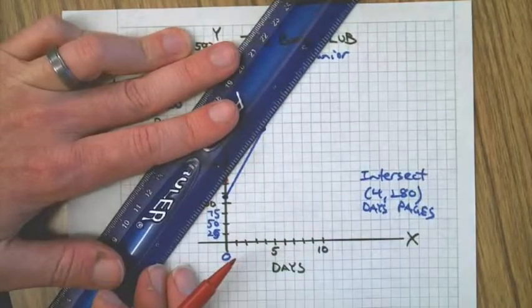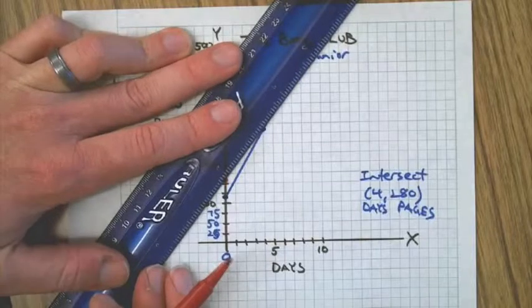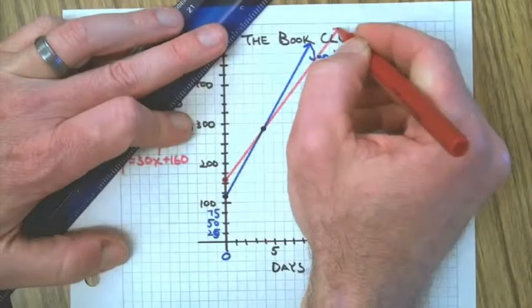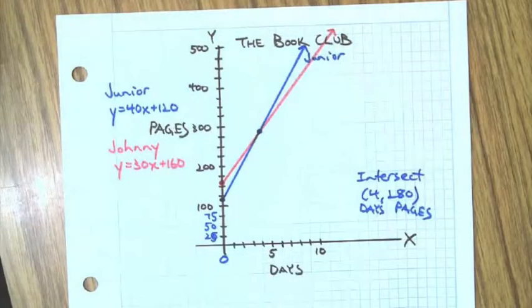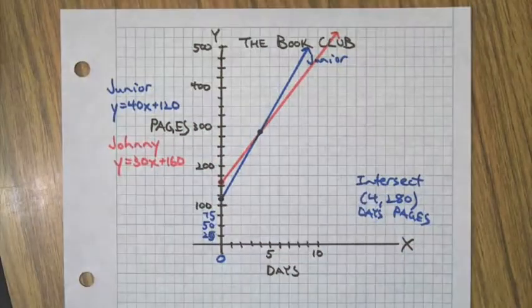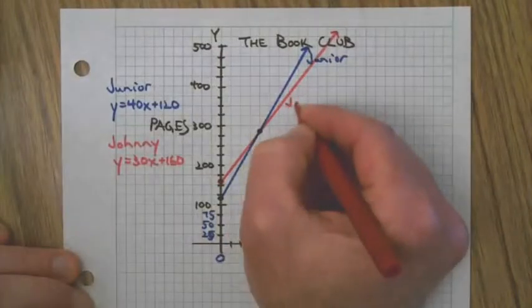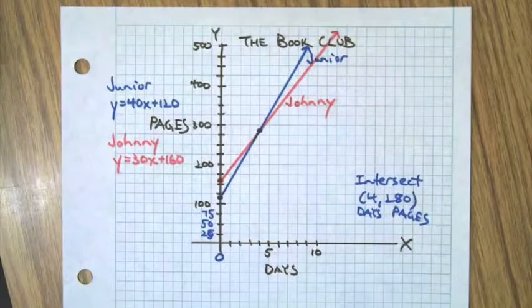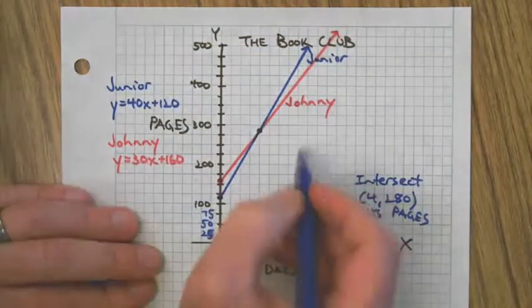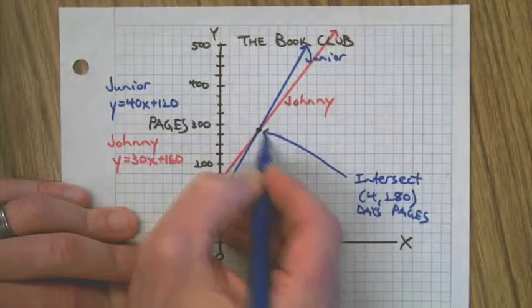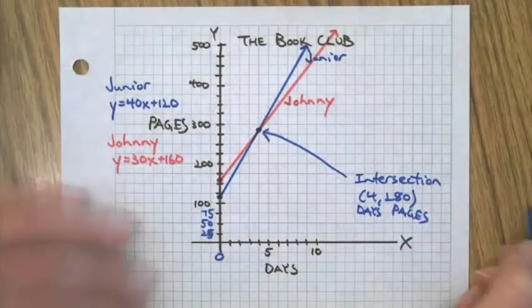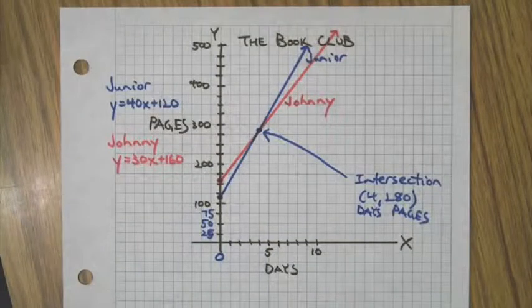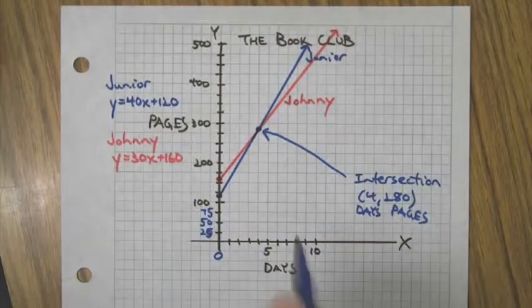So let me see if I can get kind of precise about this line. There we go. Okay, there's the 2 lines. The red one is Johnny. Okay, and there's our intersection right there.